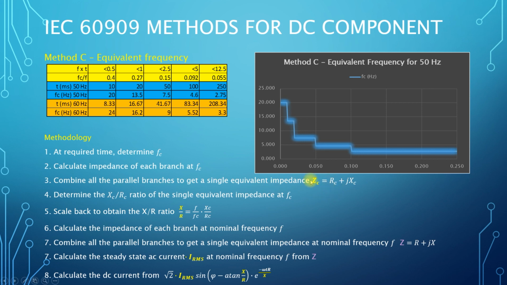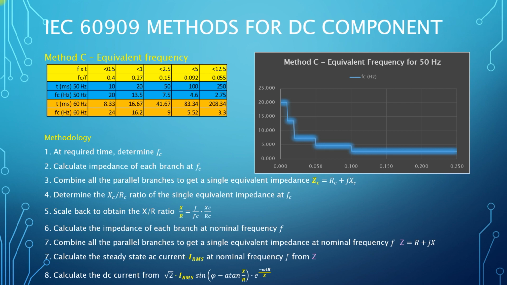And once we have that single equivalent impedance, we can determine an X upon R ratio, which is actually XC over RC, which is the X upon R ratio of the single equivalent impedance at FC.